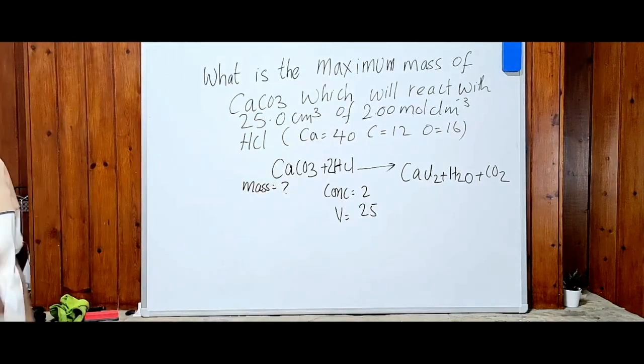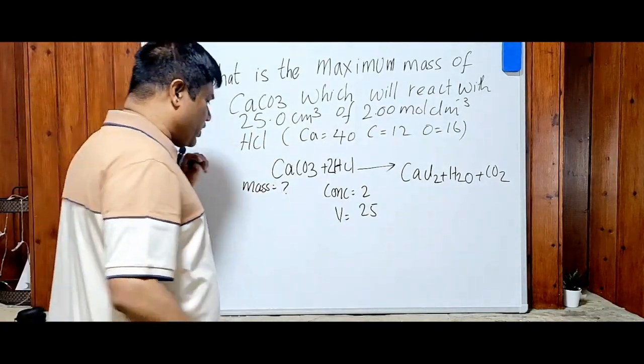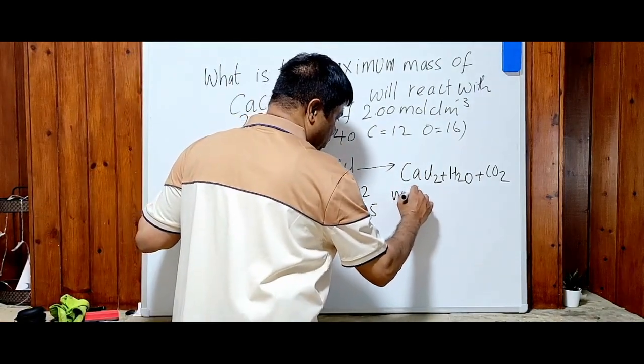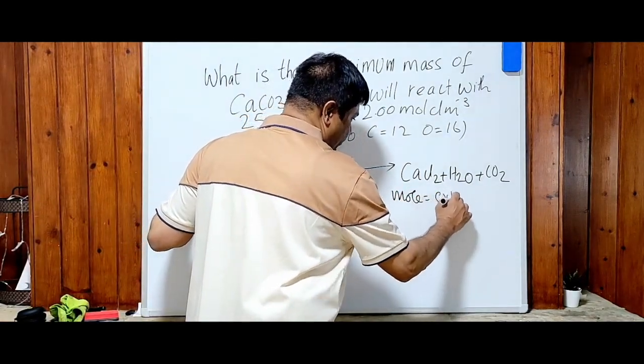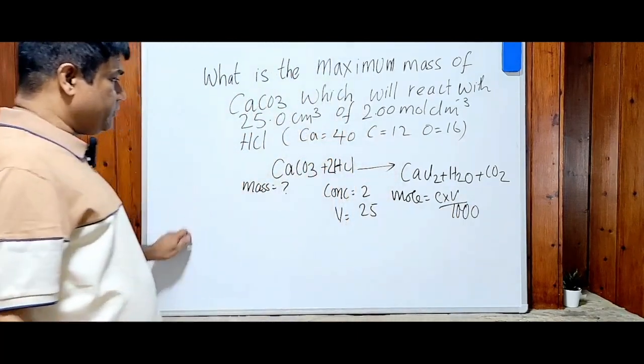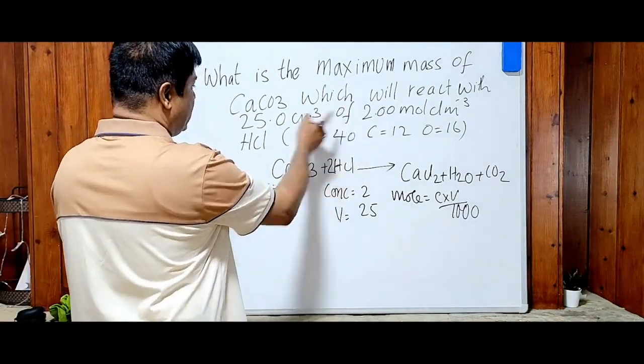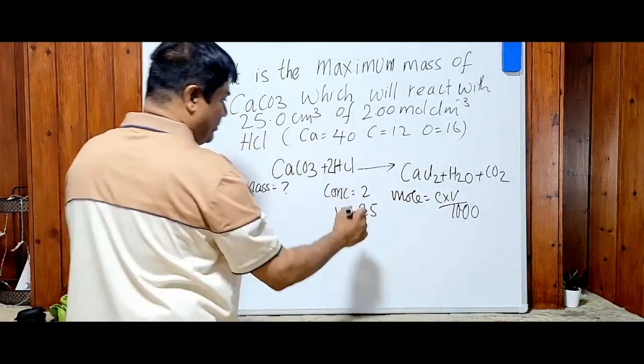Guys, whenever we have a volume and concentration, the first step, work out the mole. Mole equals C times V over 1000. Because this volume is given in centimeter cube, that's why I divided by 1000.